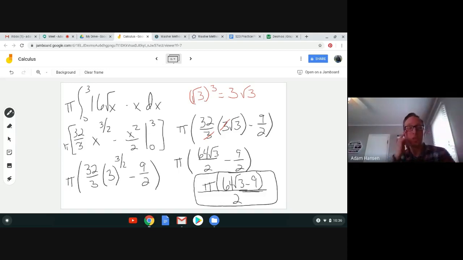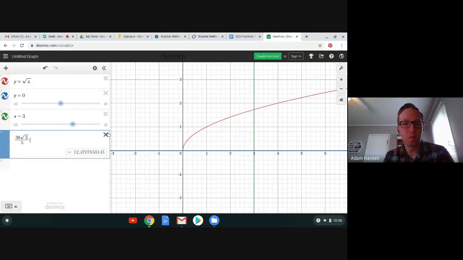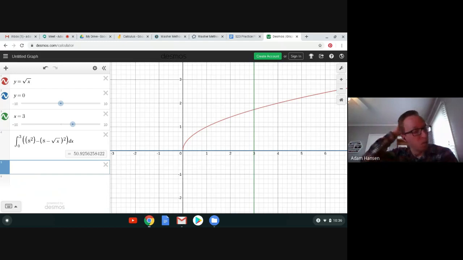Of course, we could always check on Desmos. From 0 to 3 of 8 squared minus 8 minus the square root of x squared dx. That awful looking decimal.